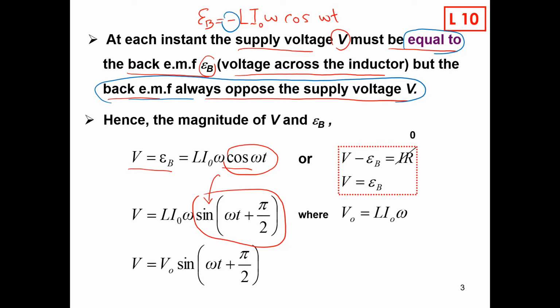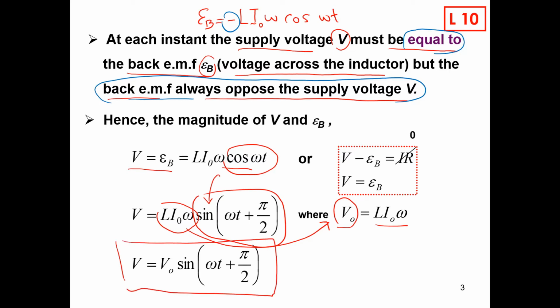Then V naught, the maximum voltage, is equal to L I naught omega. So when we substitute, we get the equation for the voltage across the inductor: V equals V naught sine omega t plus pi over 2.